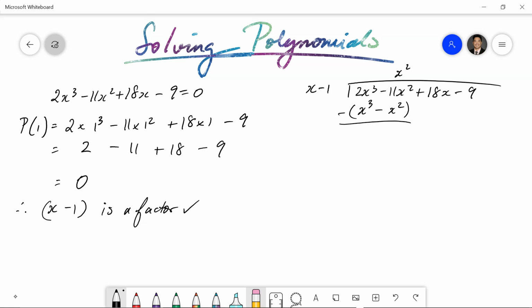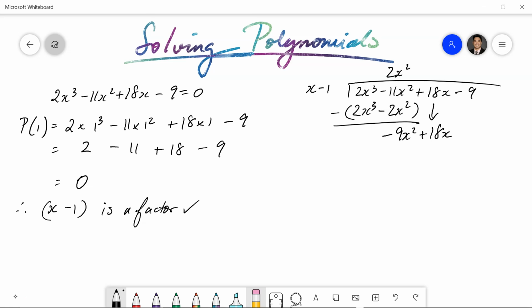No, sorry, we want 2x squared. Let's do that again, because 2x squared times x will give us our 2x cubed, and then 2x squared times minus 1 is going to give us our minus 2x squared. That's a lot better. I'm going to subtract. Then we get 0, and we get minus 9x squared. Take down the 18.